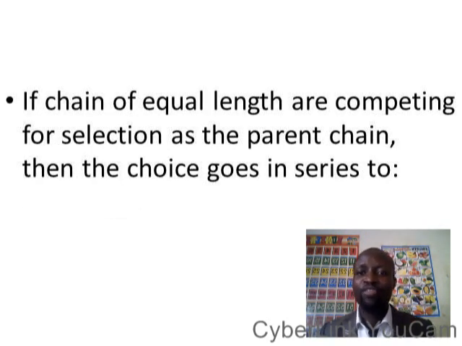If chains of equal length are competing for selection as the parent chain, then the choice goes into series.